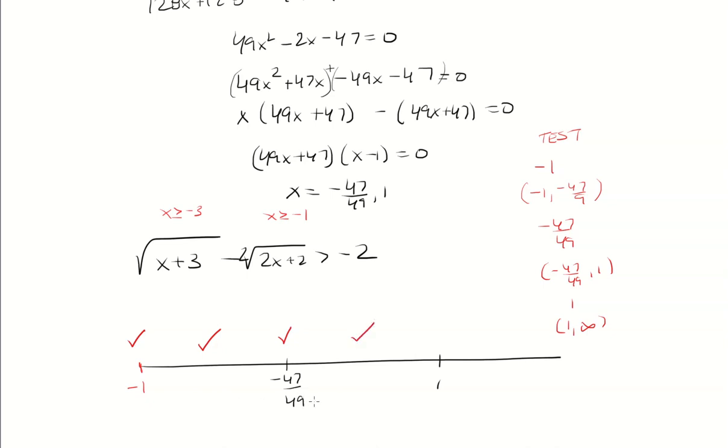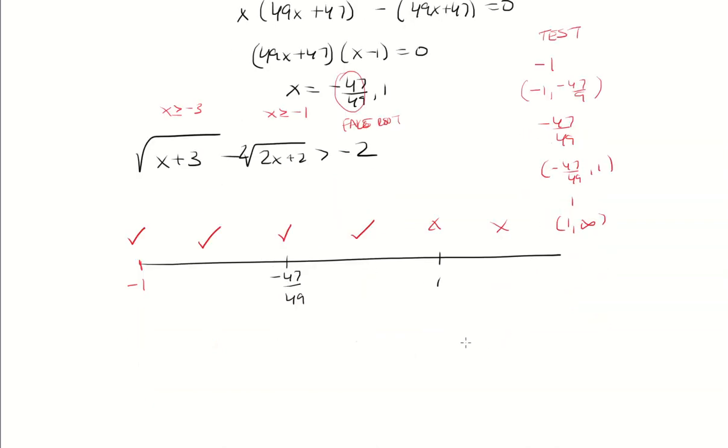Between negative 47 over 49 and 1 will work. 1 will not work because that's the one that equals negative 2. So you can think of this one as the fake root. It doesn't work. And if you pick a number bigger than 1, that will not work. So to summarize, the solution to this inequality, we have to include negative 1 all the way up to 1. And then we're not going to include 1, so that's why I'm going to put an open parenthesis. And so this is our final answer.